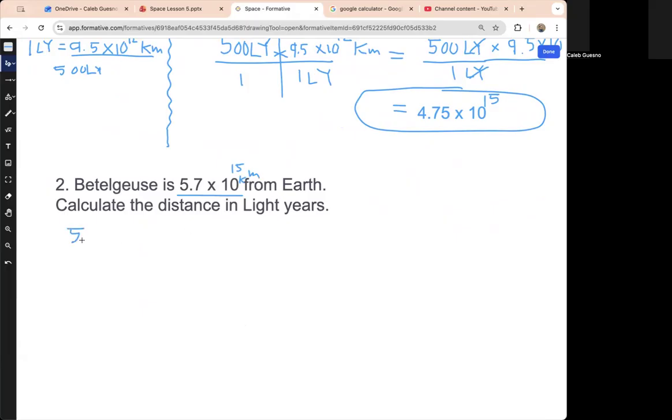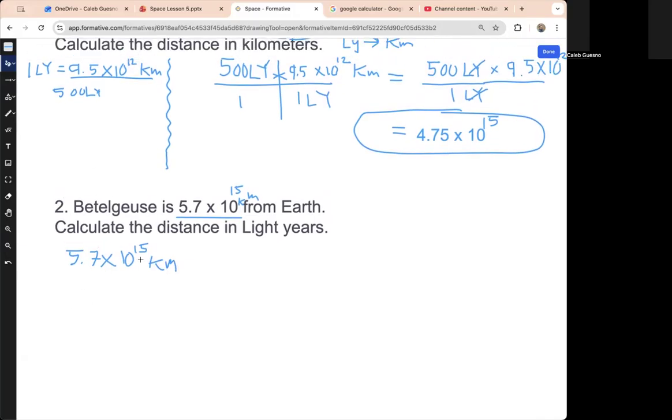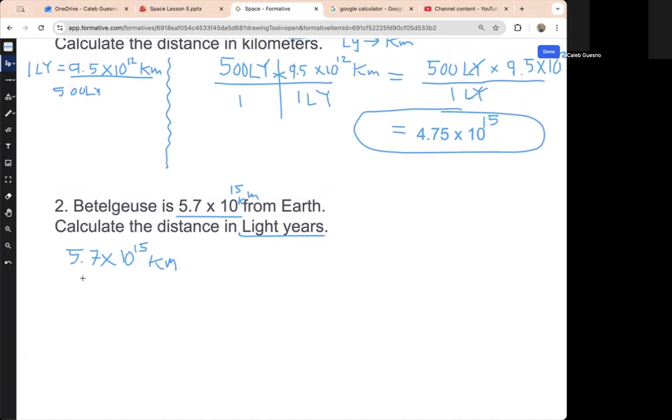So let me rewrite that. 5.7 times 10 to the 15 kilometers from Earth. And we're going to need our nice conversion factor because it wants the distance in light years. 1 light year equals 9.5 times 10 to the 12 kilometers. By the way, Betelgeuse is a star.